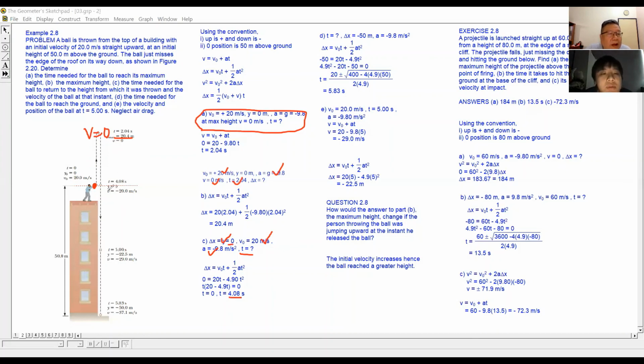So when you go up, come down, there is another time where the position is 0. So there are two times when the position is 0. The first time is t equals to 0. The second time is t equals to 4.08. Okay, so this is the t equals to 4.08.